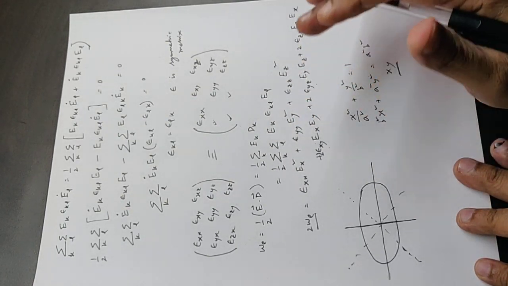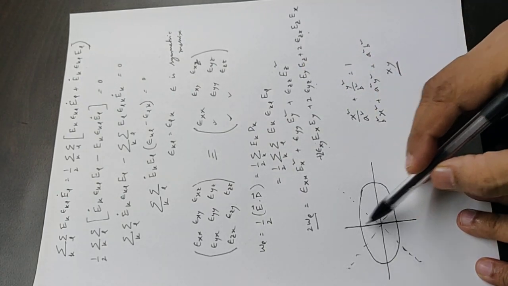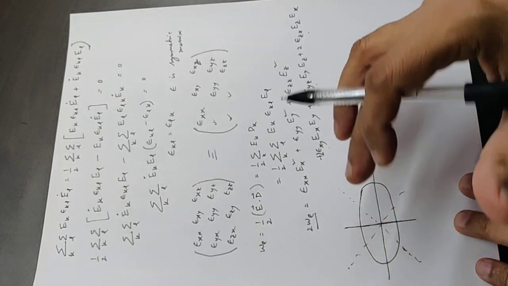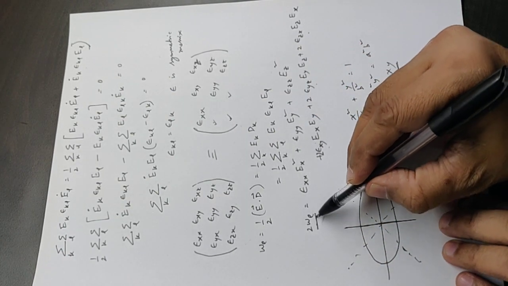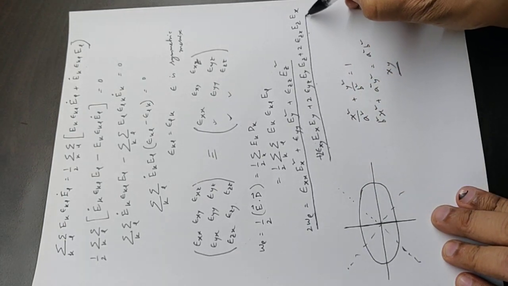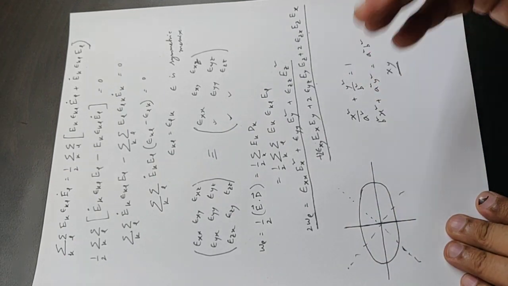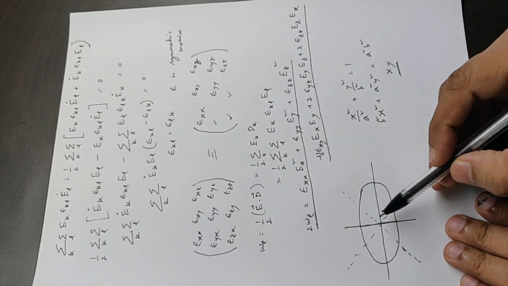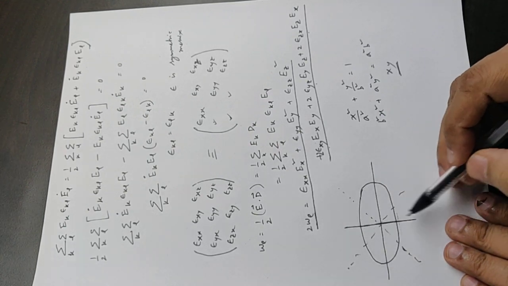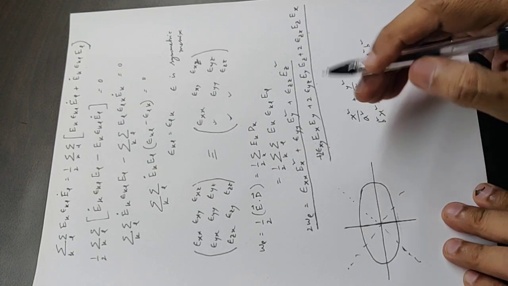If I choose x, y and z axes in such a way that they correspond to the axes of the ellipsoid, this is an equation of an ellipsoid. In general, this is an ellipsoid, in which you'll have three major axes. An ellipse has only two axes, one major axis and one minor axis, but in this case, we'll have 3 axes.